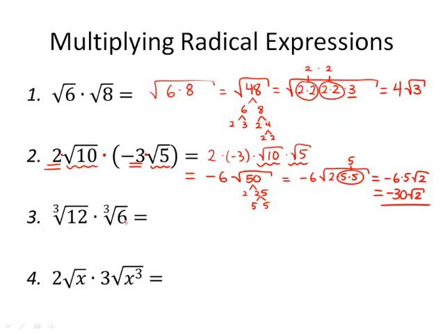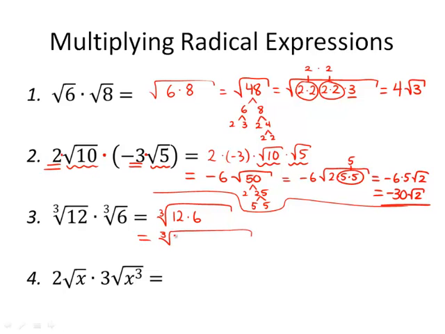In this next example, we now have cube roots. So we can also merge the roots if we're multiplying cube roots because they're both cube roots. So underneath, we've got cube root of 12 times 6. But now, remember that a cube root causes us to look for triplets of common factors. So let's break this down into factors.